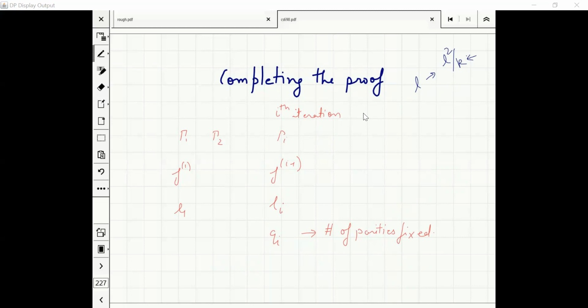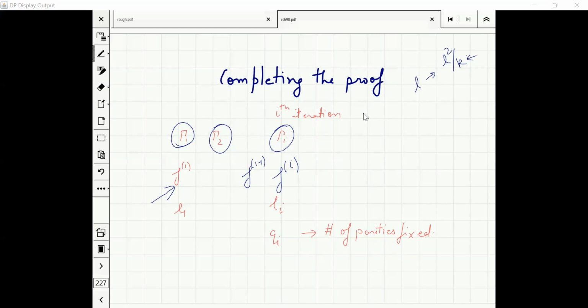So let's count. Remember, we have iterations. Let's say after the first iteration, I have fixed gamma 1. After the second iteration, I have fixed gamma 2. After the ith iteration, I have fixed gamma i. In the first iteration, I applied Sang's lemma on F1. Then in the ith iteration, I fixed Fi. The number of equivalence classes with respect to gamma 1 to gamma i are L1 up to Li.